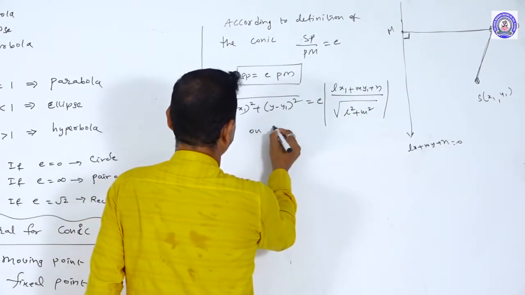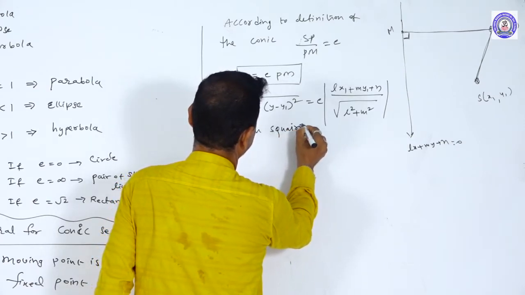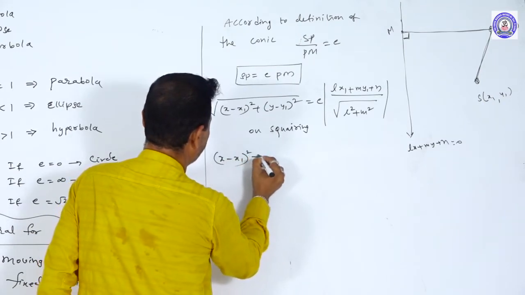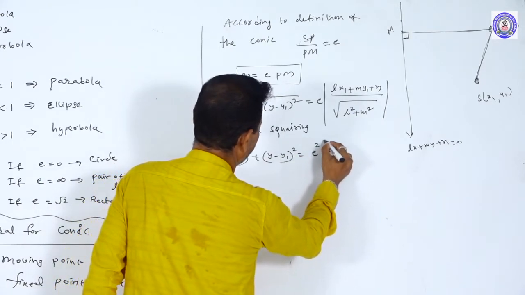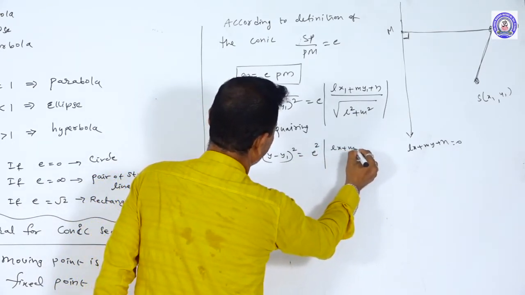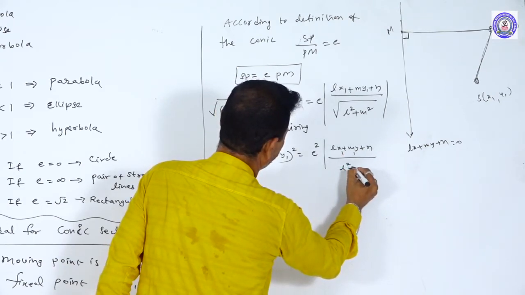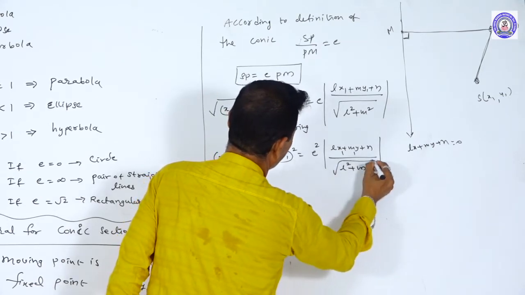On squaring, (x minus x1) squared plus (y minus y1) squared is equal to e squared times ((Lx + My + N) divided by the square root of L squared plus M squared) whole squared.